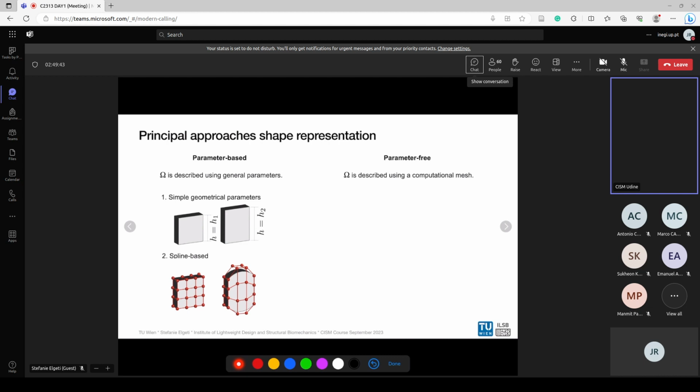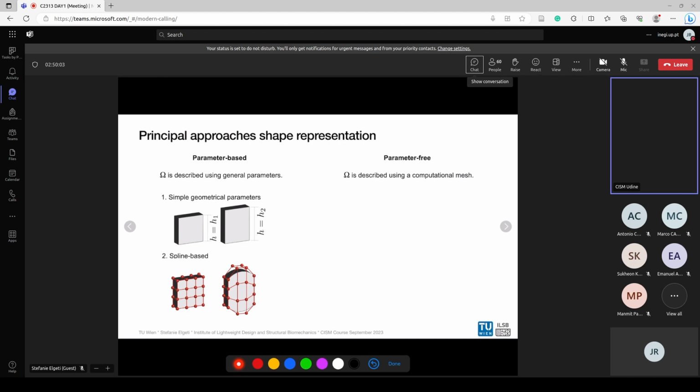In the parameter-free case, omega is described using a computational mesh. So probably we already have some kind of finite element or finite volume mesh for our solution, so we use that also to describe the geometry.